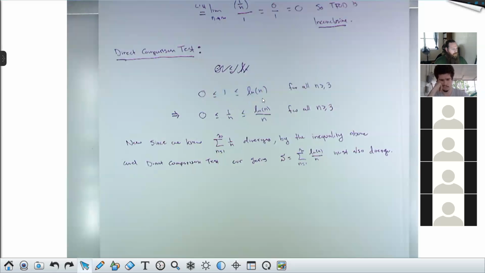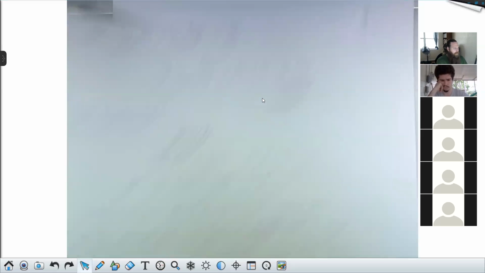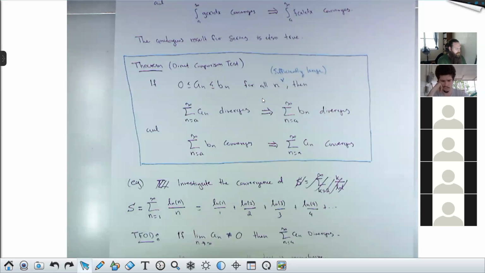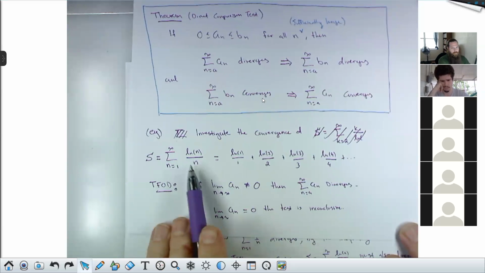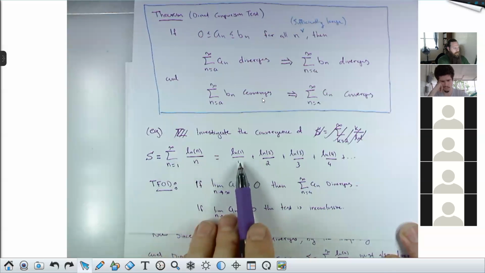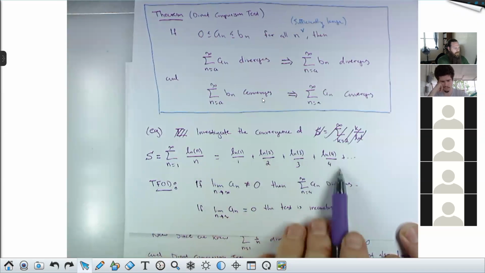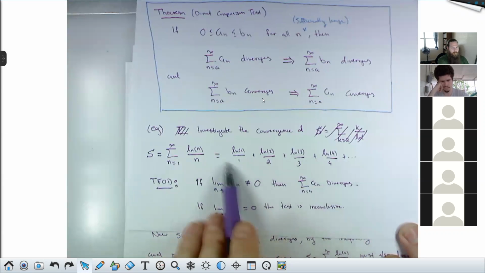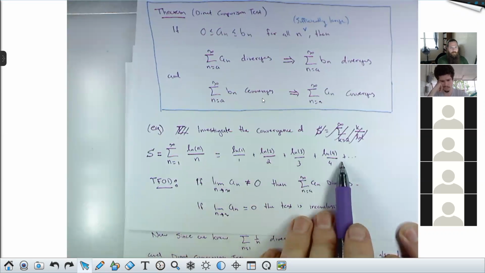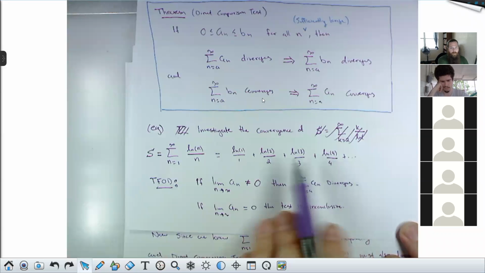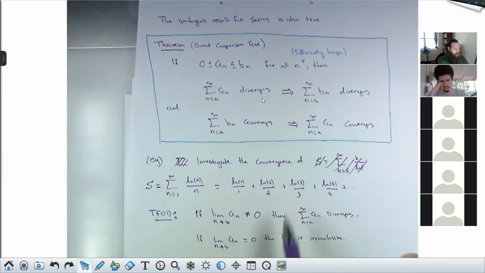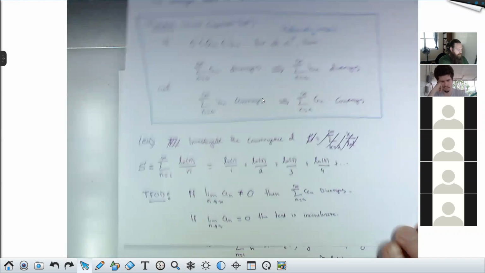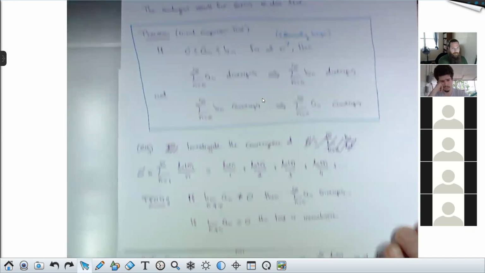But really what's going on in my mind is, when I look at sigma natural log n over n, I write out the first few terms and I recognize that the denominator is the same as the 1 over n denominator, which I know is divergent. And I recognize that the tops, at least all the ones that come after here, are bigger than 1.